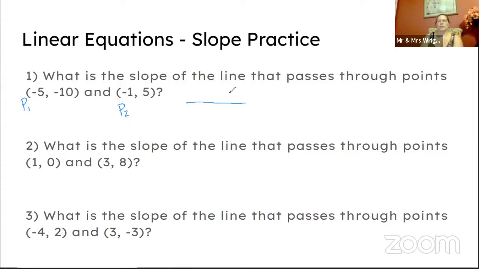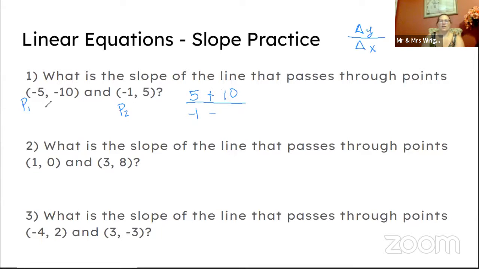So we're going to do change in y. I'll write it up here. Change in y over change in x. Okay, so P2 minus P1. So y2 minus y1. Here's my y, 5. Here's my x, -1. I know I have to have a minus in there. And here's my point 1. I need on the top -10. So in order to write a -10 here, I'm going to write a plus 10, because instead of writing minus a negative, we know that when you minus a negative, it becomes a positive.